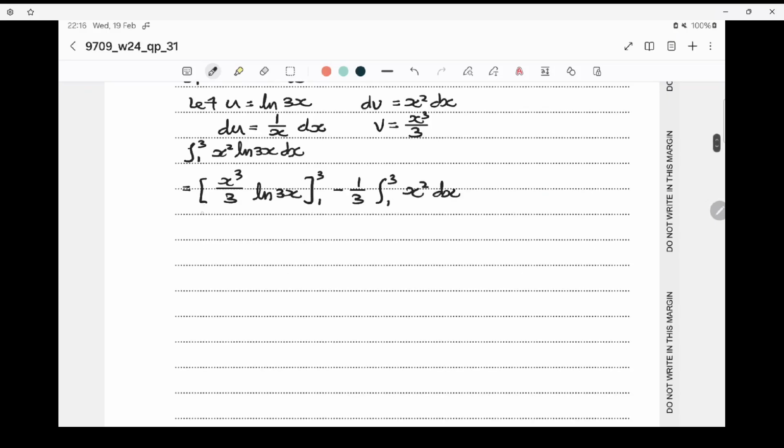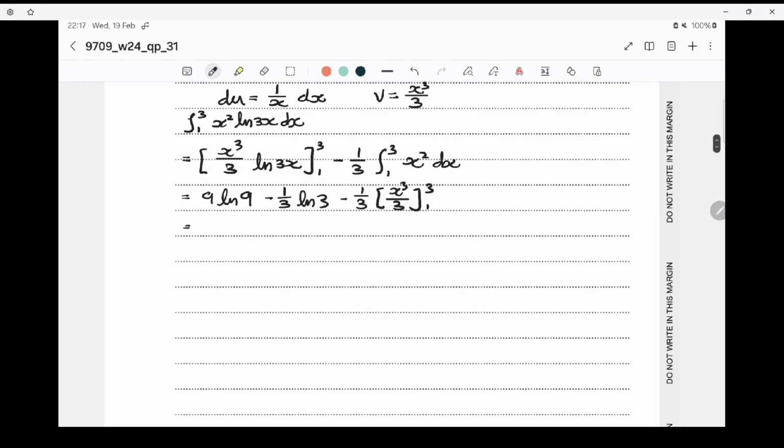Evaluating the front part, you will get 9 ln 9 minus 1 over 3 ln 3. So minus 1 over 3, and this one, when you integrate, you get x cubed over 3 again. So this is from 1 to 3.